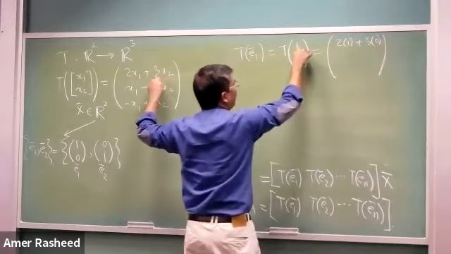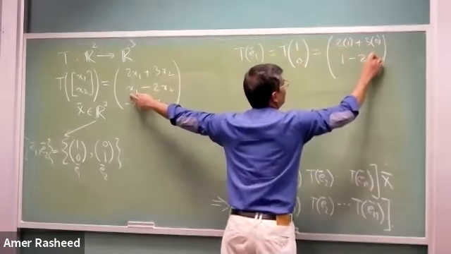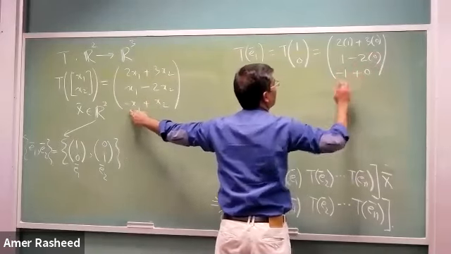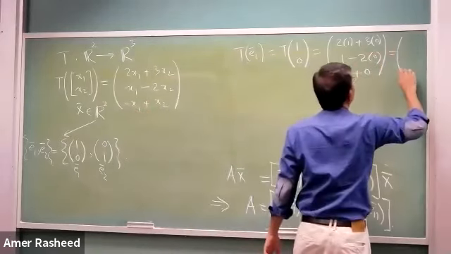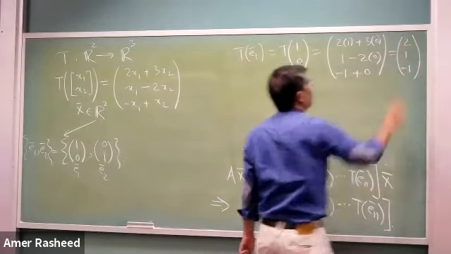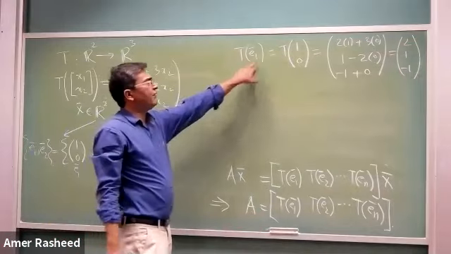Because here you have x1, x2. So next is 1 minus 2 times 0, and the next one is minus 1 plus 0. If you solve it, you get 2, 1, minus 1. This is your T of E1.